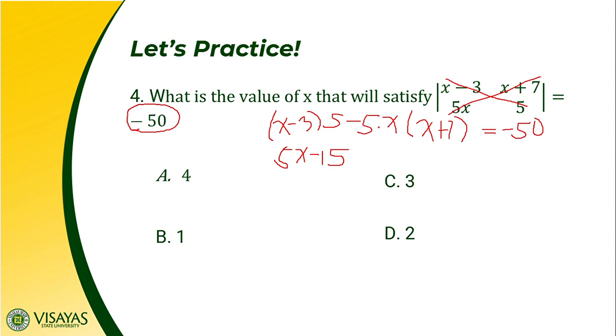We have negative 5x times x, that is equal to negative 5x squared, and then negative 5x times 7 is negative 35x. So this is equal to negative 50.